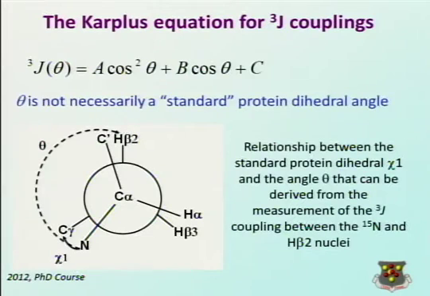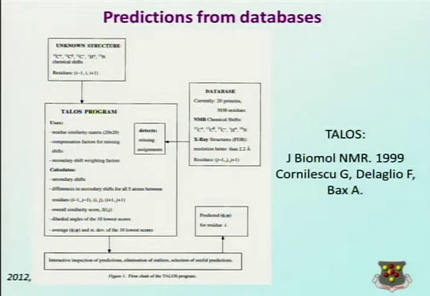But the 3J couplings are most useful for structural determination, because you can relate them to the dihedral angle that is intervening between these 3 bonds by means of the so-called Karplus equation. Now, this was a standard way to measure dihedral angles up to, let's say, the 90s, but now everybody is doing predictions based on chemical shifts, which is an extension of the chemical shift index concept that I was mentioning before, but with a growing database of protein structures and NMR assignments.